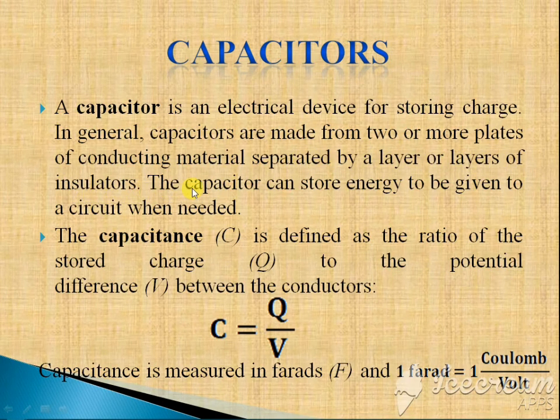The capacitor can store energy to be given to a circuit when needed. The capacitance C is defined as the ratio of the stored charge Q to the potential difference V between the conductors. C is equal to Q upon V. The capacitance is measured in farads, and 1 farad is equal to 1 coulomb upon volt.